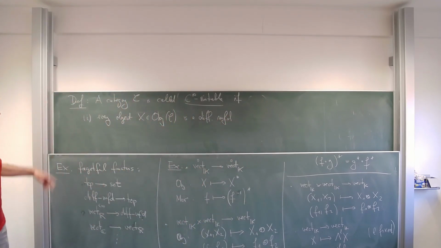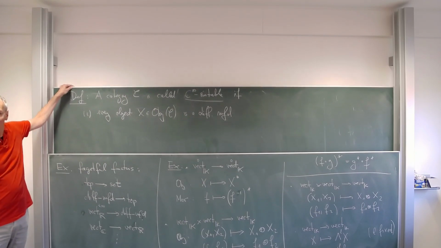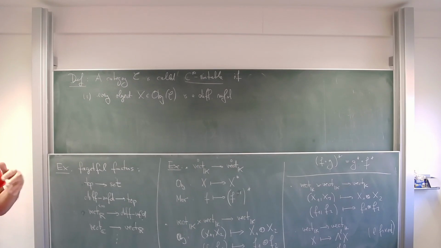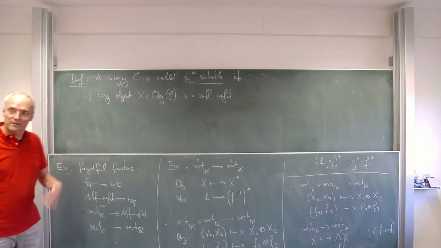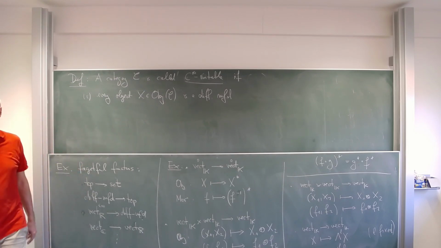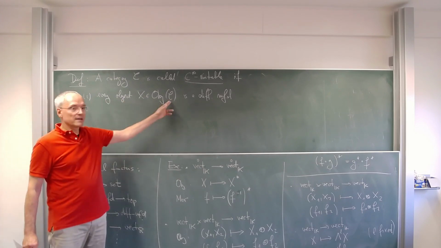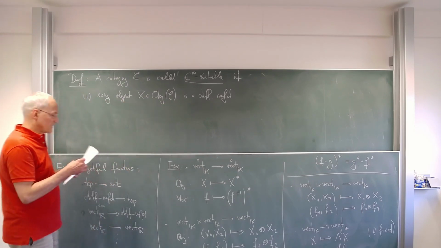So for example, if the category is the category of differentiable manifolds, that's certainly true. But it's also true in many other cases, like real vector spaces, finite dimensional vector spaces, for example. And you have this forgetful functor to manifolds. So basically, on the level of objects, I am requiring to have this forgetful functor.